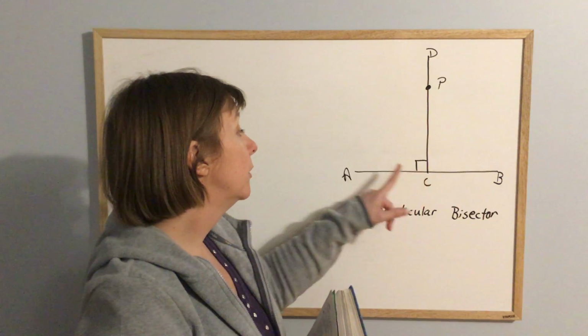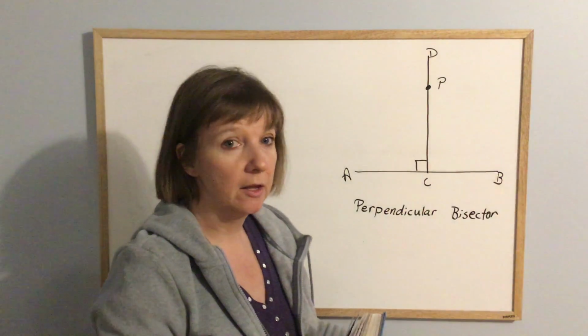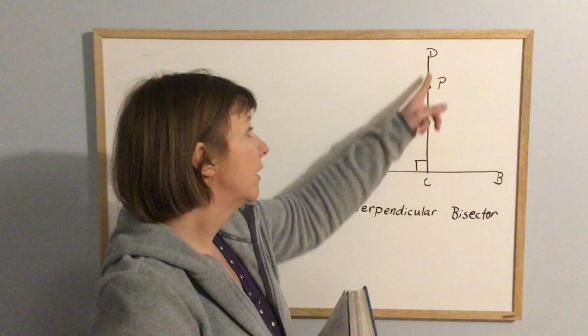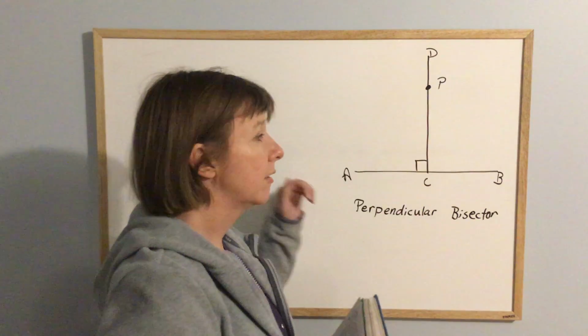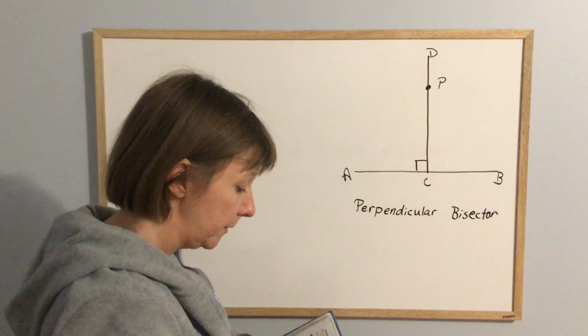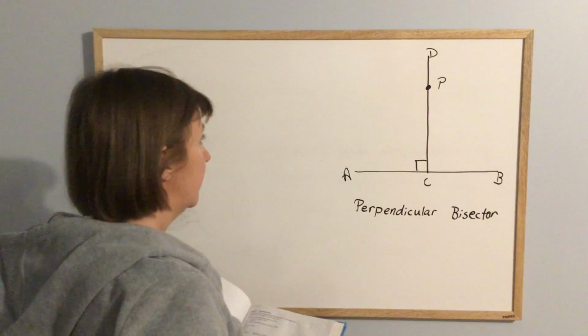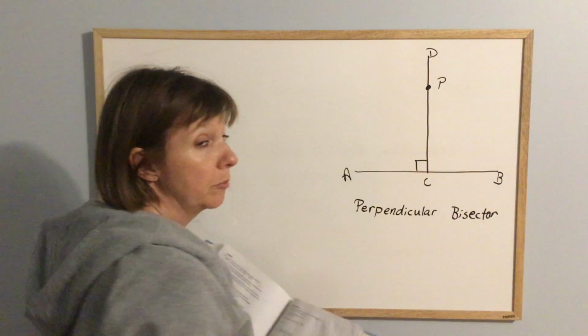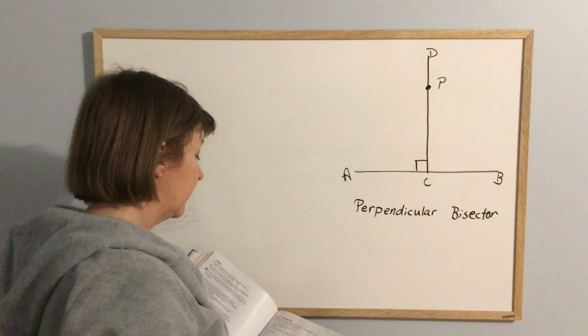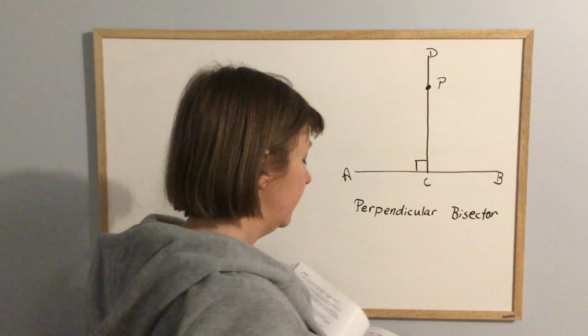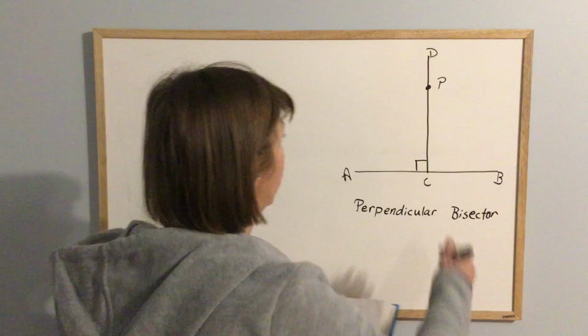So C would be halfway between the A and the B if they're telling us that DC is a perpendicular bisector to AB. So they want us to prove that any point on a perpendicular bisector, so here's a point, is equidistant, which means equal distance from the endpoints of the segment.